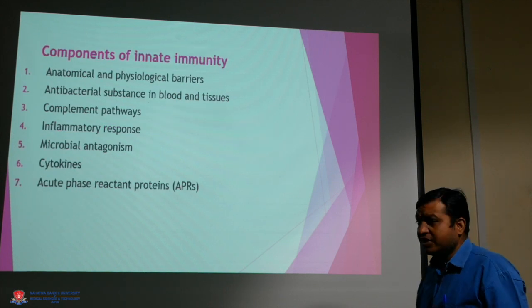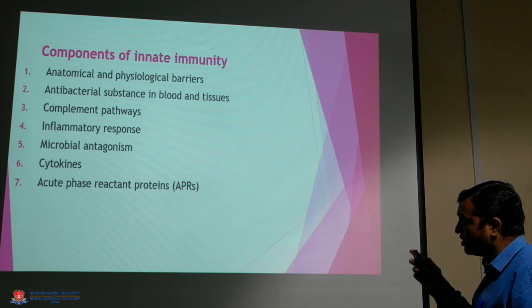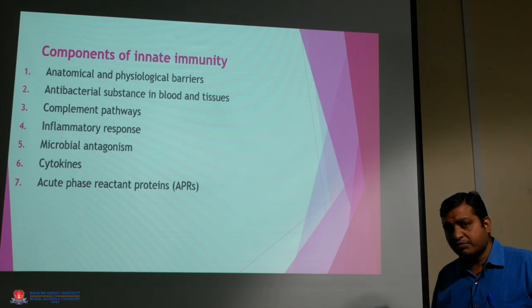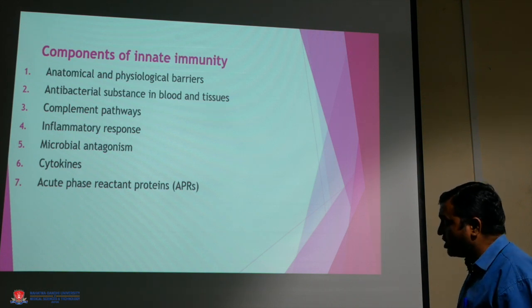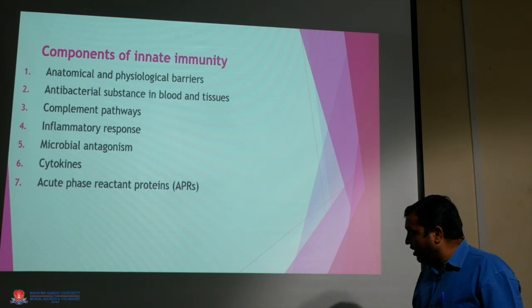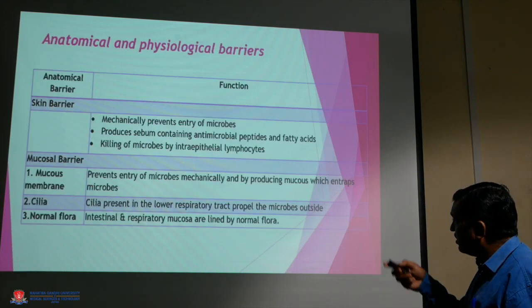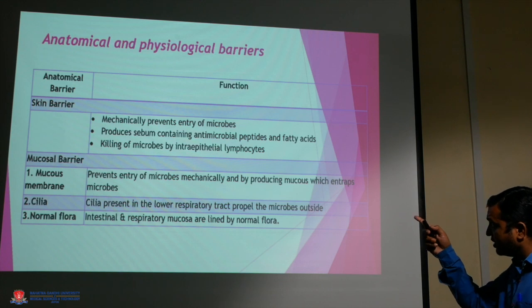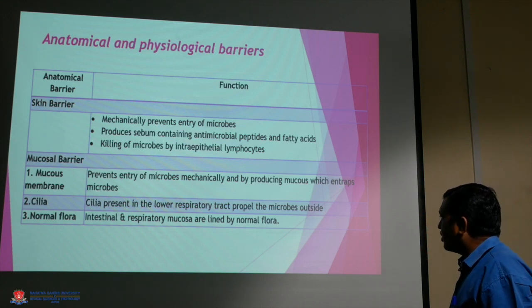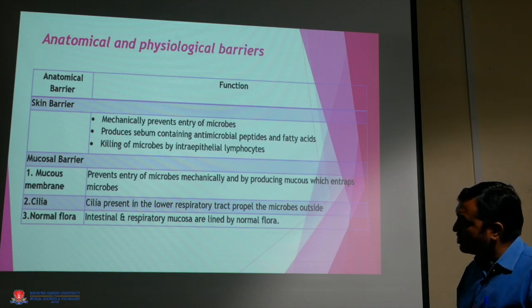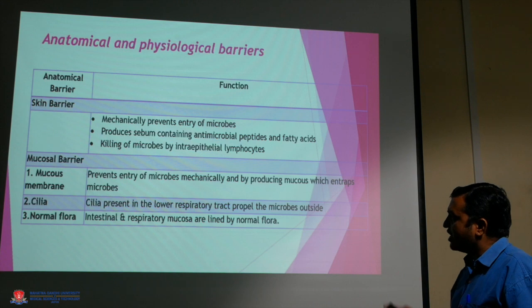Components of innate immunity: anatomical or physiological barriers, antibacterial substances, blood tissue, complement pathway, inflammatory response, microbial antagonism, cytokines, acute phase reactant protein. Anatomical and physiological barriers: skin mechanically prevents entry of microorganisms and produces sebum containing antimicrobial peptides and fatty acids, killing microbes by intraepithelial lymphocytes.